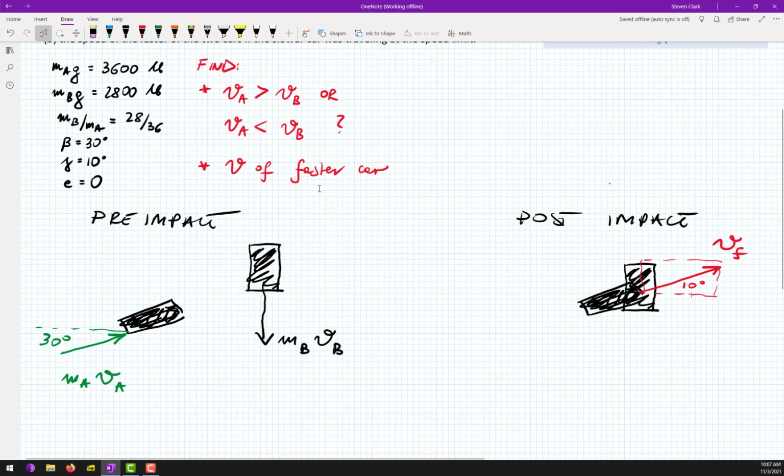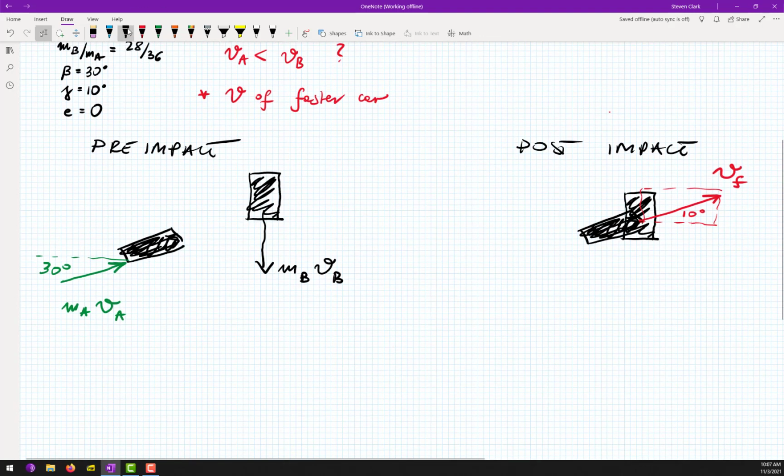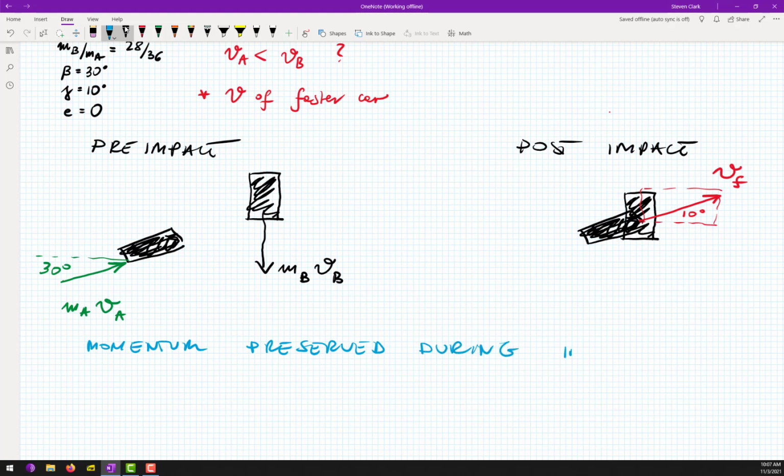In here, we cannot specify where the line of impact and the plane of impact are. But that problem can be solved without this knowledge, because we know that momentum is preserved during impact, but unconstrained.